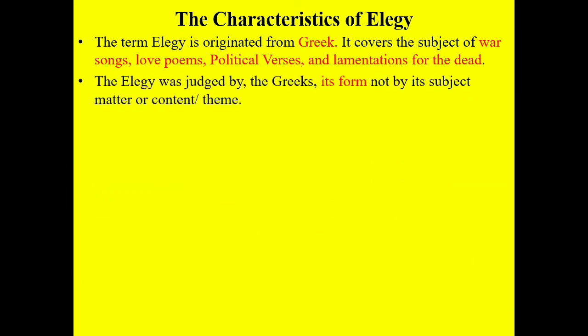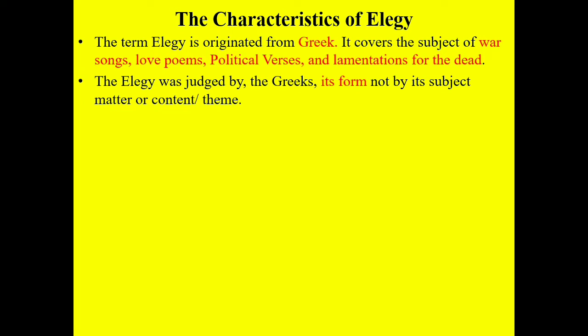If you look at the point of the classical elegy or the Greek elegy, how did they judge the elegy? You can see, the Greeks judged the elegy based on its form, not by its subject matter or content or theme.